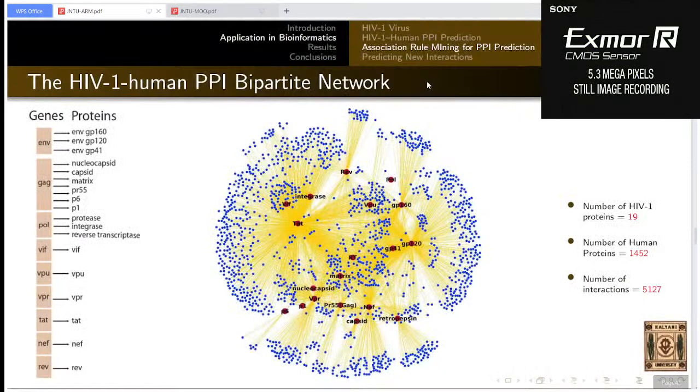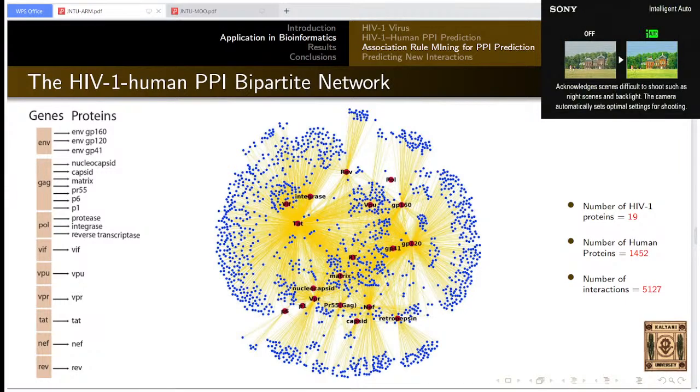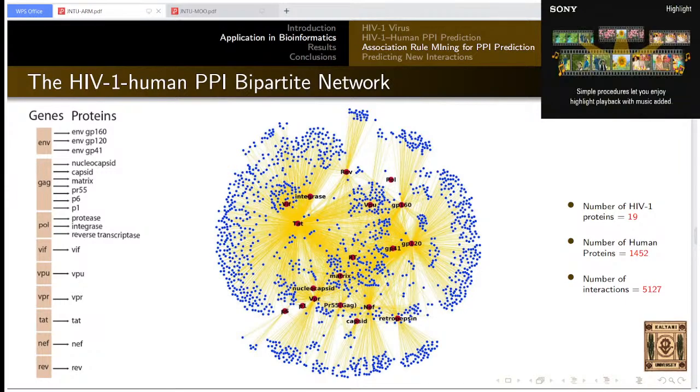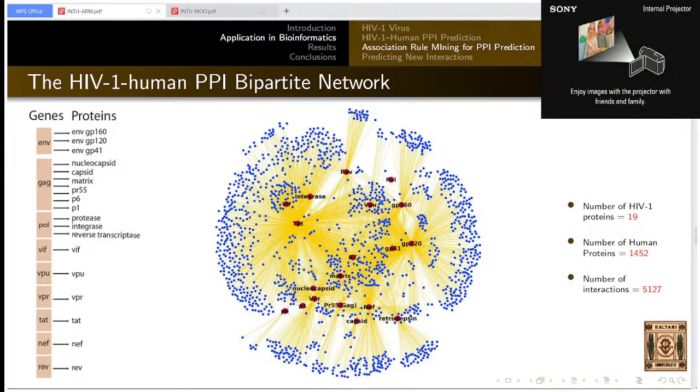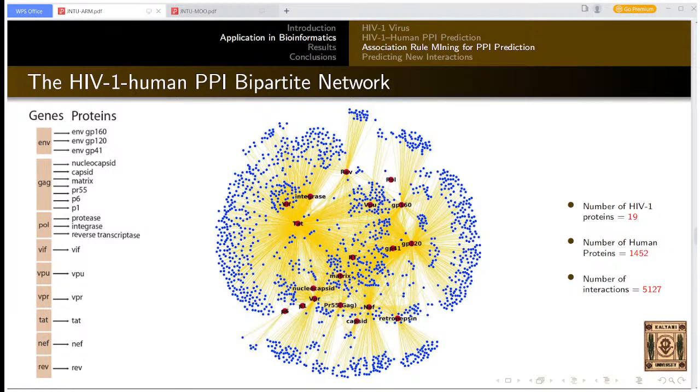Here, we first extracted data from a database called the HIV human protein interaction dataset. Obviously this is a bipartite network. Bipartite means there is one set of human proteins, one set of viral proteins, and the interactions are the edges. When we did this work, there were around 5,000 experimentally validated interactions, and that dataset was publicly available.